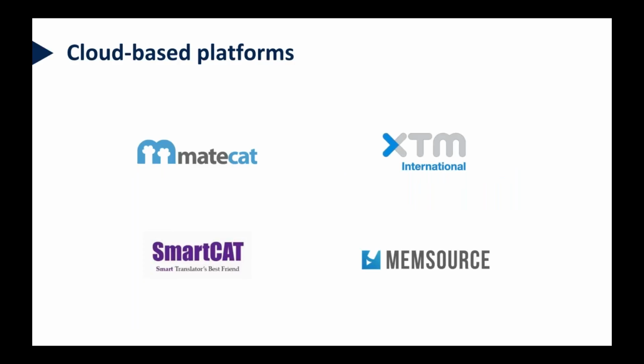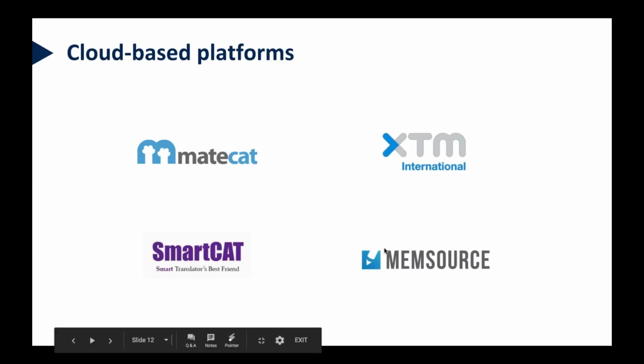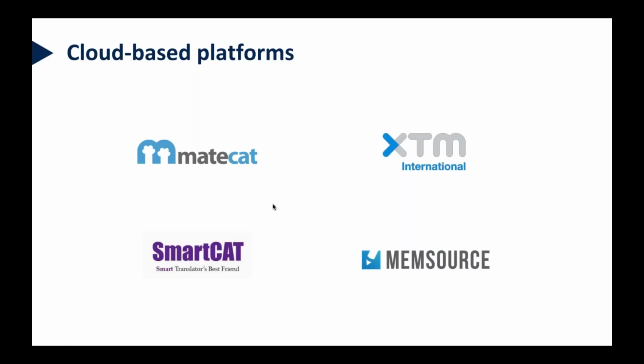So Matecat is, of course, one such solution, the one that, for obvious reasons, we know best. Then, of course, XDMs, Market, MMs, or other CAT tools that include a machine translation plan in their business offering. But for now, let's talk about Matecat because it summarizes the point that I'm trying to make on how it can be beneficial to both clients, but also the translators. So let's have a look.